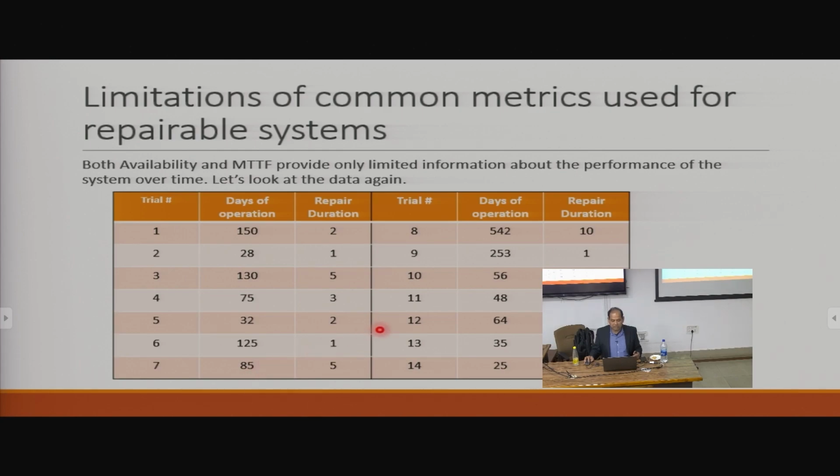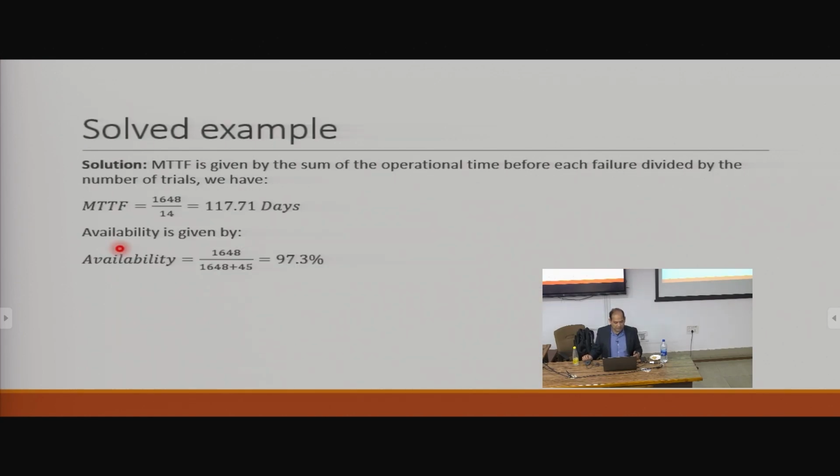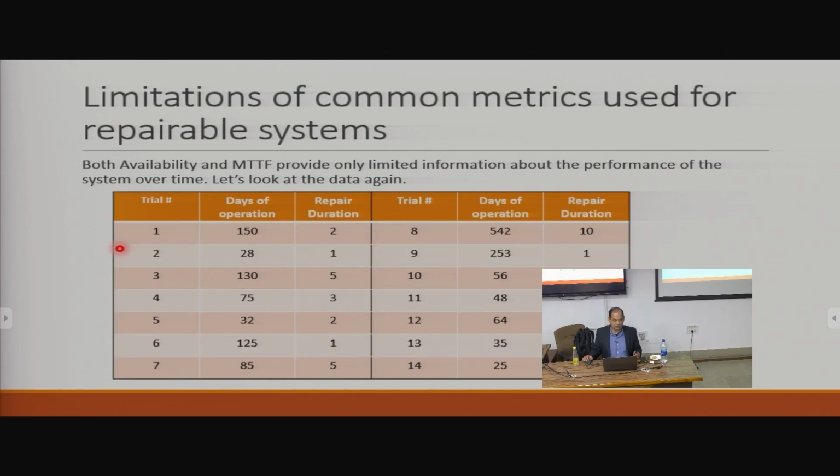And similarly, availability is also misleading, right? That availability says 97.3% of the time, whatever we got in the last slide, is the time the system is expected to work, but we don't know when that is going to happen, right?